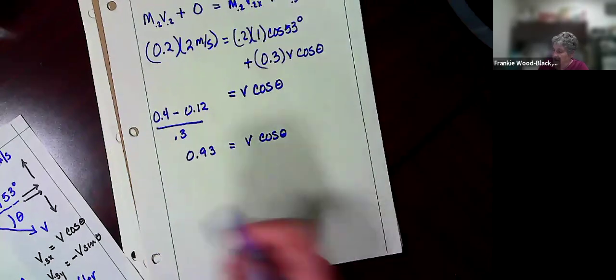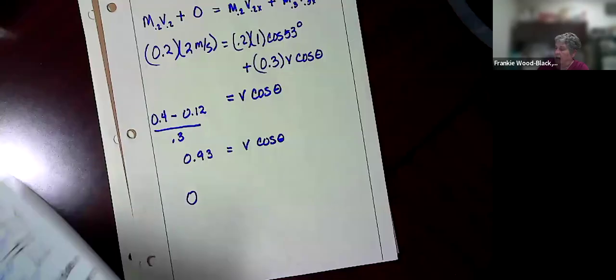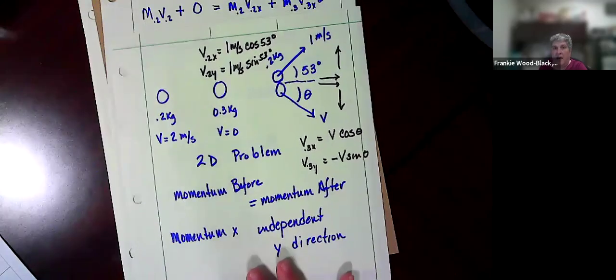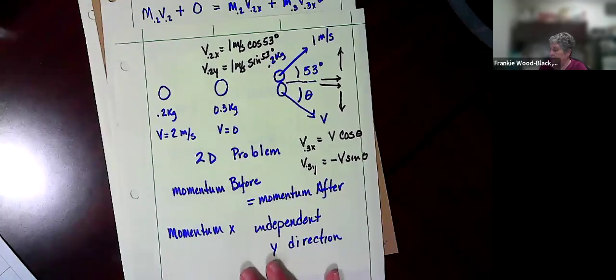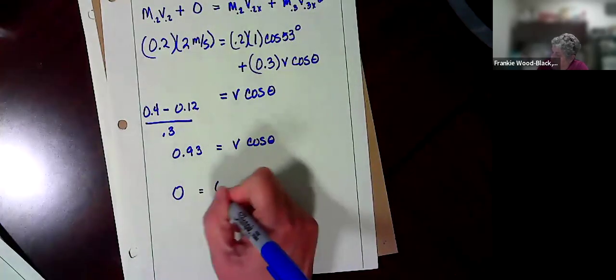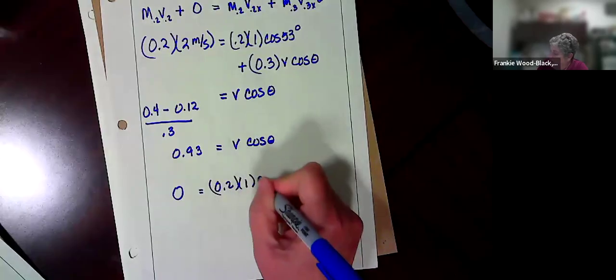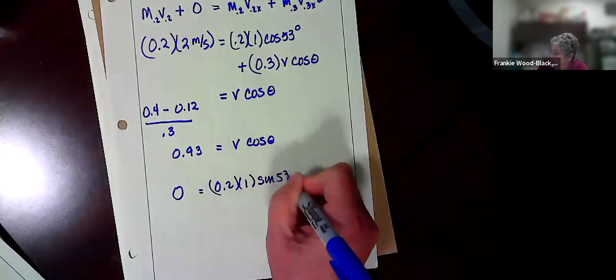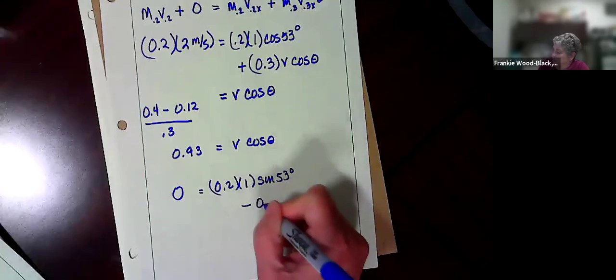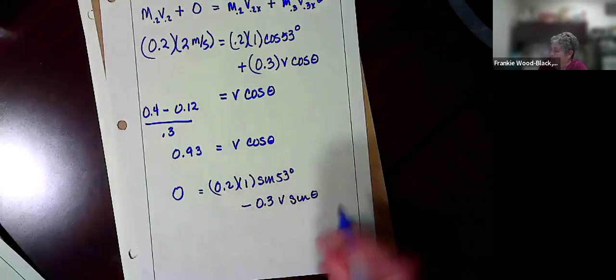Now we've got to do the other one. The initial momentum in the y direction is 0, because we started with nothing in the y direction. We only had an x direction. That's going to equal 0.2 times 1 sine of 53 degrees minus my 0.3 v sine of my angle.